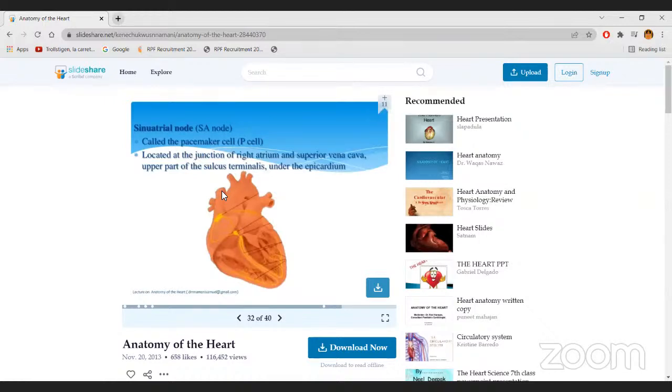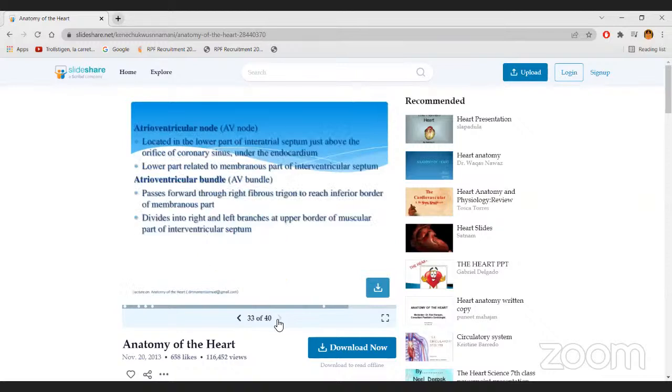The sinoatrial node contains the pacemaker cells, P cells. The pacemaker cells are located at the junction of the right atrium and superior vena cava, in the upper part of the sulcus terminalis under the epicardium.